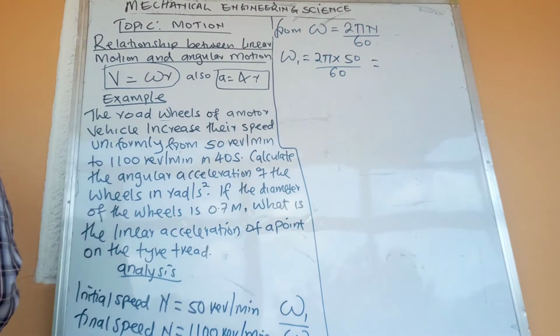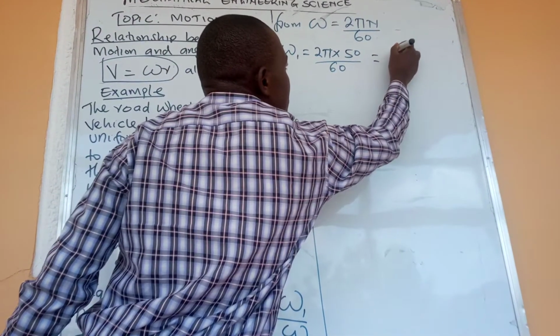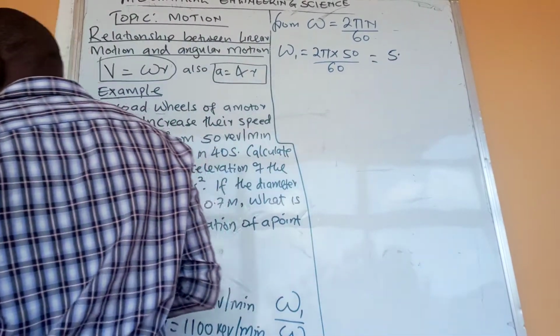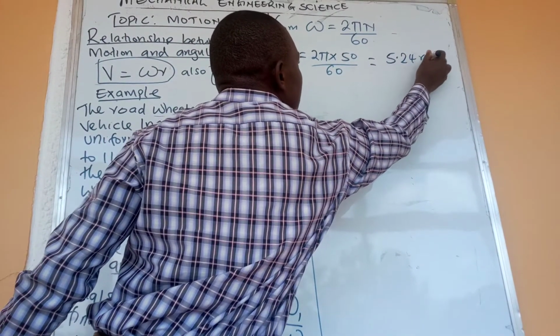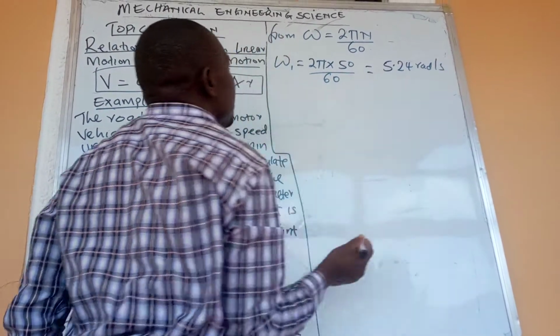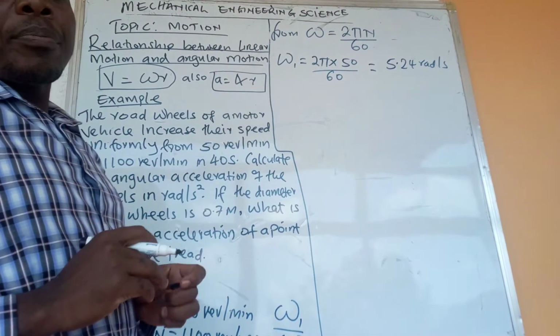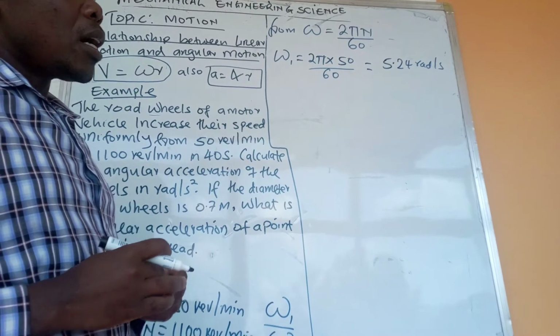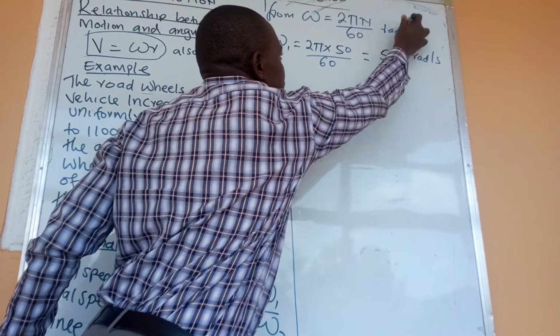When you work it out correctly by multiplying, you will find that the initial angular velocity is 5.24 radians per second. Remember, the units for angular velocity are radians per second.